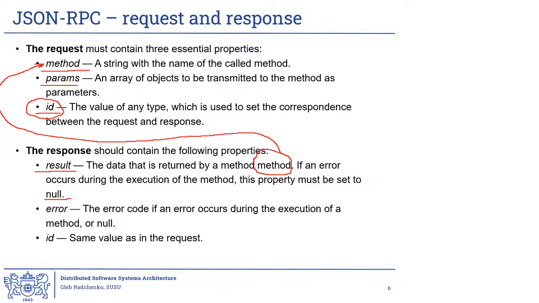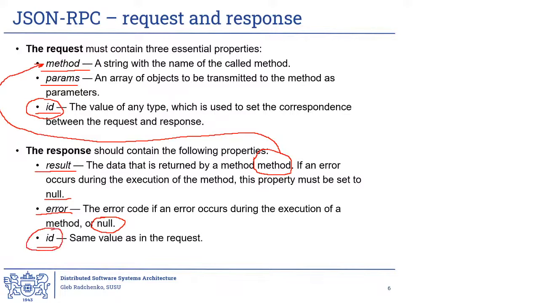Second part is error. We should send the error code here if an error occurs during the execution of a method. If no errors occurred during the execution of the method, we should pass null here. And the third one is ID.